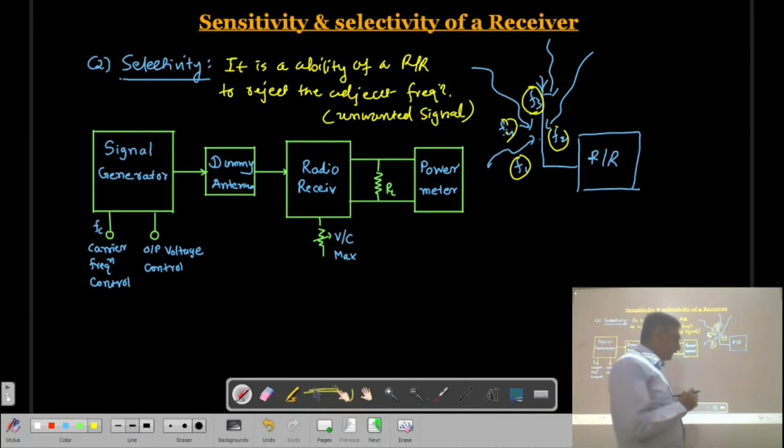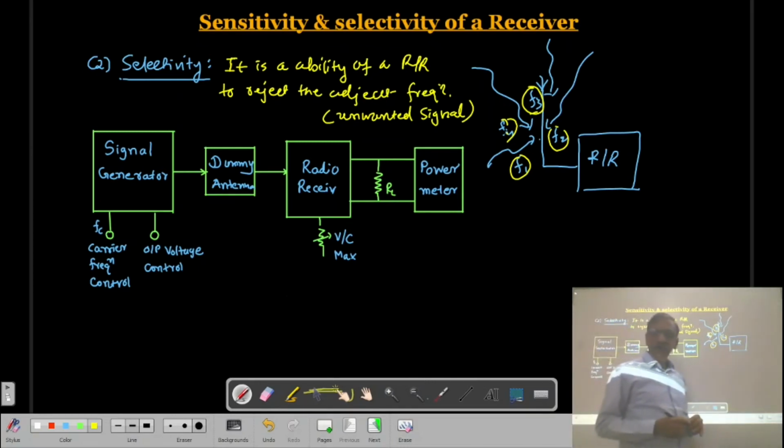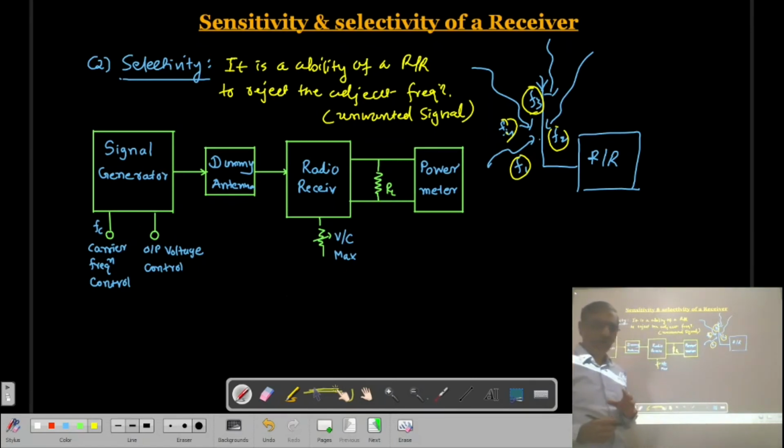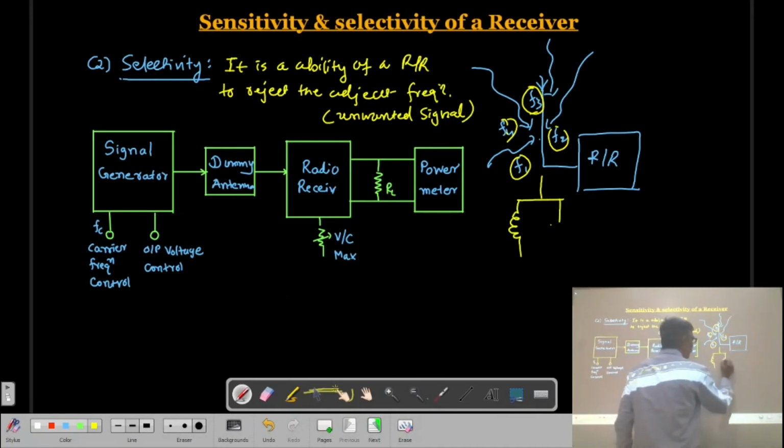Now this selectivity is represented with a curve. You cannot have a single figure, but through this curve you can determine the selectivity of the radio receiver. Now let us see how we can measure the selectivity. Basically the selectivity depends on what? Remember, at the input we have a tank circuit, correct?